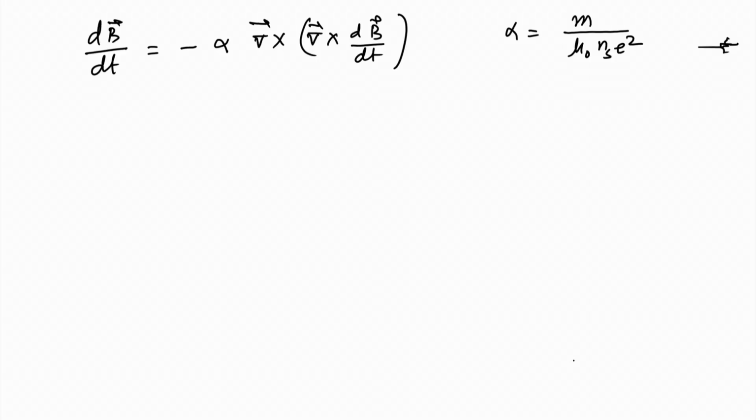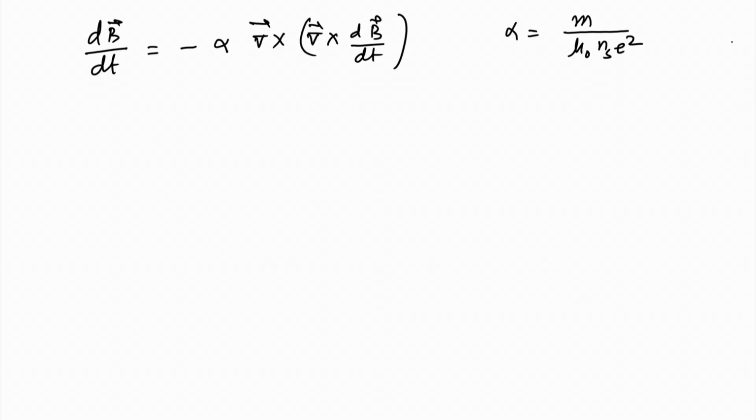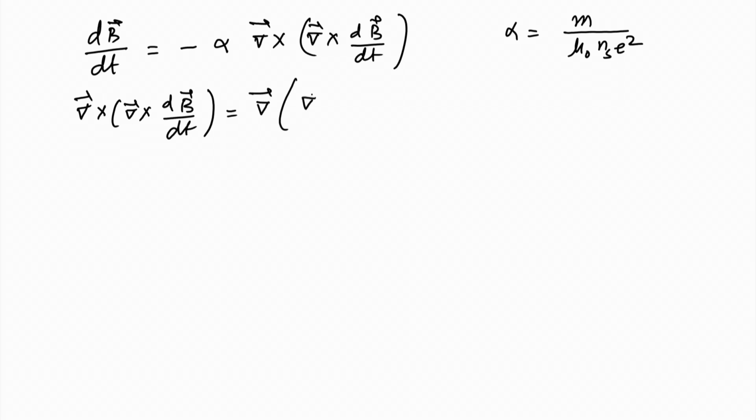That is what this is defined as alpha. Now, the right hand side is written as curl of curl of dB/dt, which is gradient of divergence of dB/dt minus del square dB/dt.